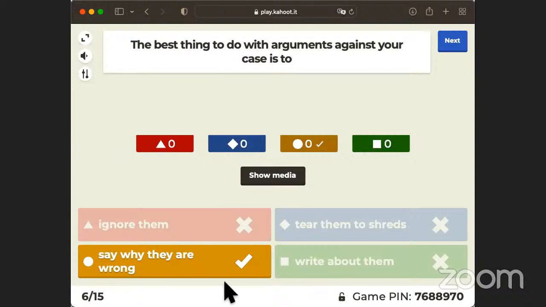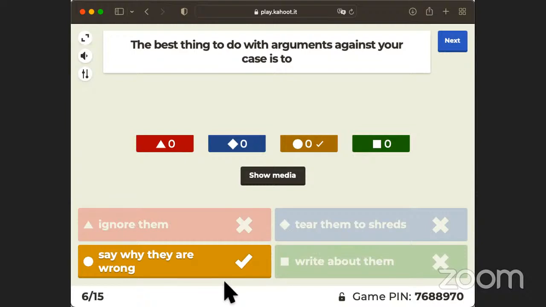All right, so the best thing to do with arguments against your case is to say why they're wrong. Remember, I mentioned there is this one paragraph that you don't necessarily have to write, but it's interesting when people do, because in this paragraph you can mention what is being said about your topic, that people have that opinion before you decided to explain or talk about your topic.